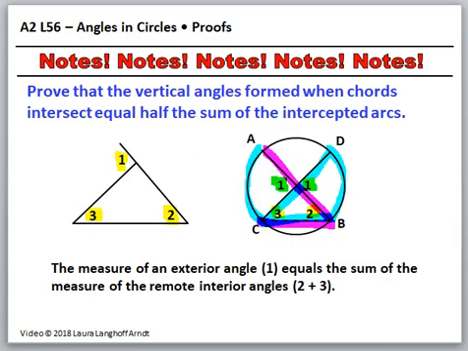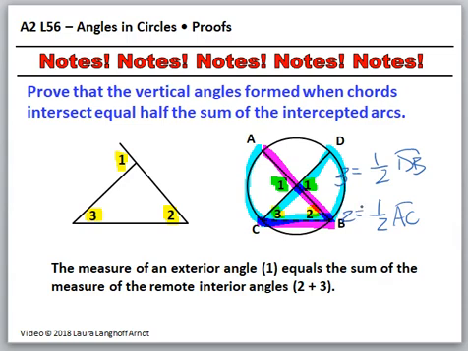So that means that it is 1/2 of AC. And we look at DB here, and we see that that is an inscribed angle through angle 3, and that is 1/2 of DB. And this is going to be 3, and this one is going to be 2.